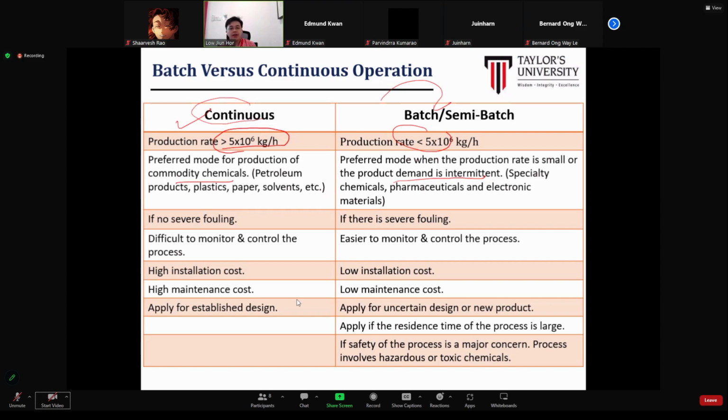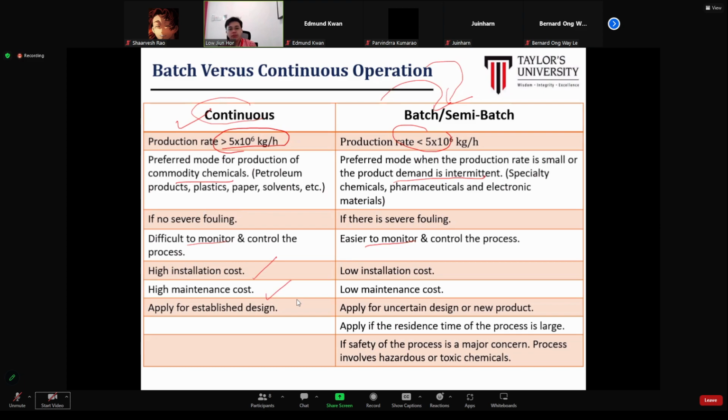Because the process here is continuous, if you want to monitor the process, it becomes a bit difficult. But for the batch process, because it's a batch process, the monitoring is also simpler and a bit easier compared to the continuous process. Besides that, for continuous, the installation cost is high and the maintenance cost is also higher.